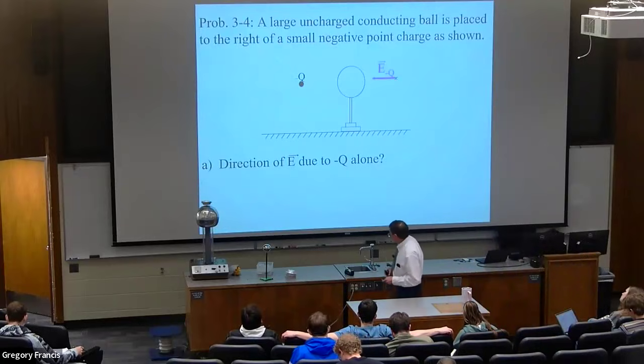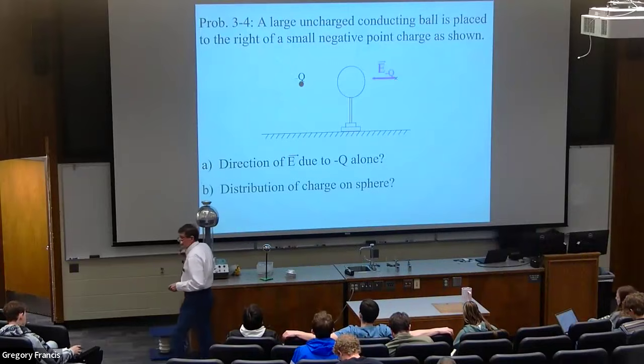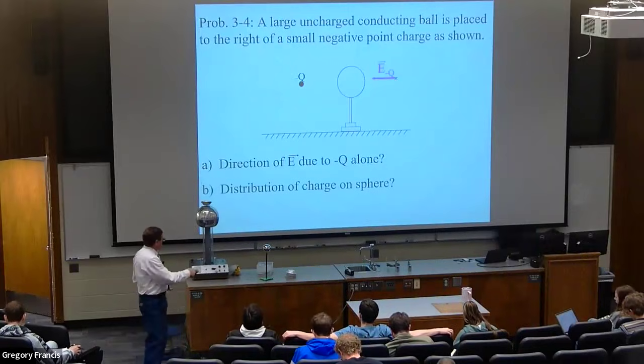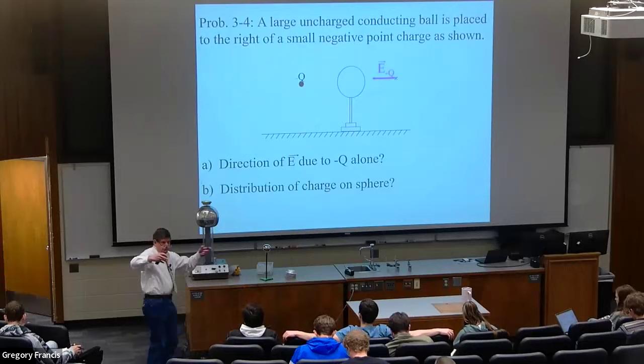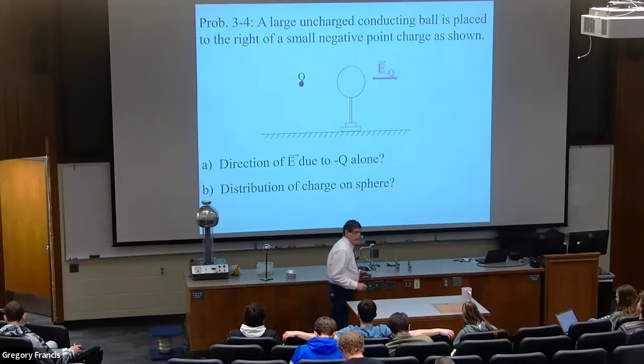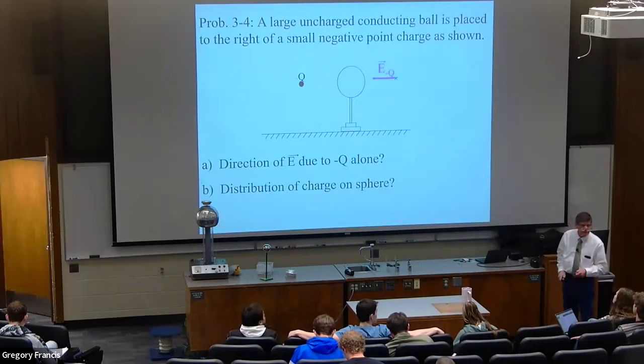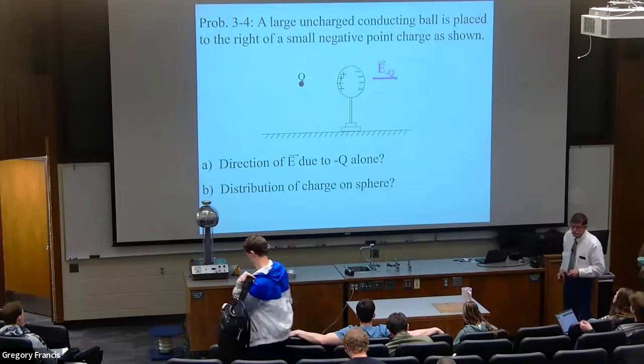And then we're asked, what does that negative source do to the electrons in my metal ball? In a metal ball, the electrons are free to flow to their happy place, to go where they're comfortable. How are they going to move if I've got this negative charge over there? Which way are they going to flow? Yeah, they're going to want to flow away from that negative source. They're going to want to get over here, okay?